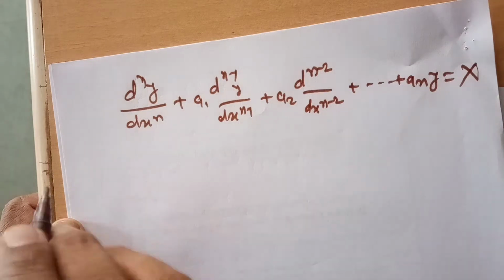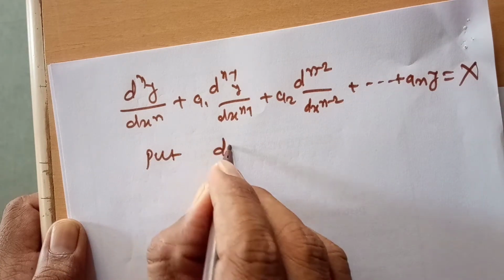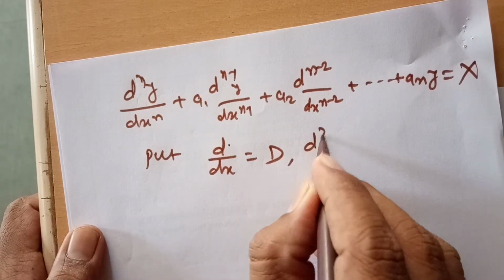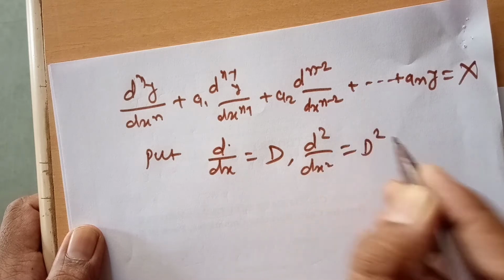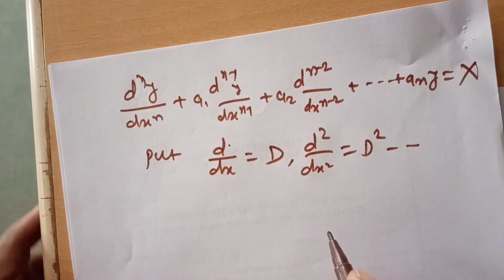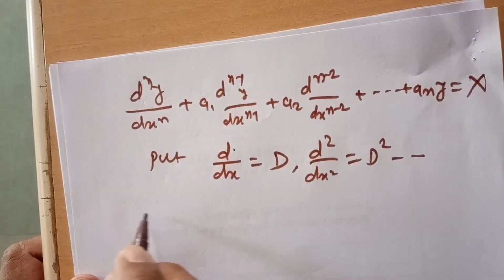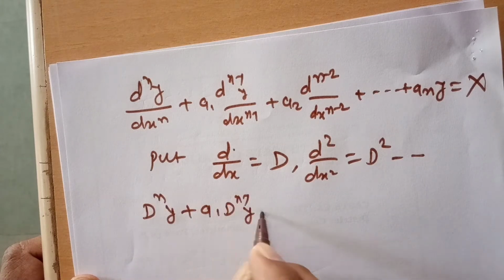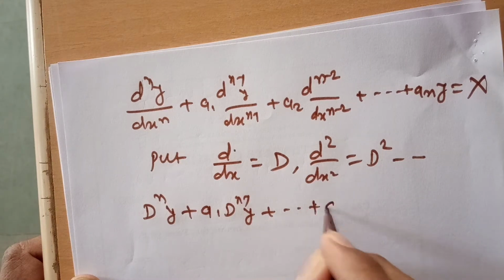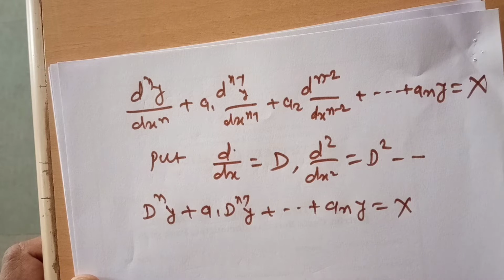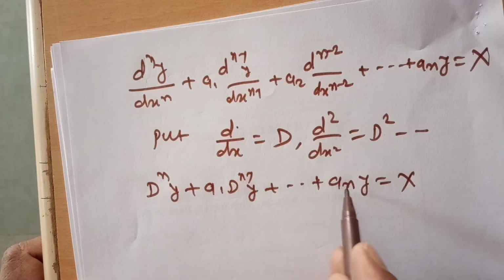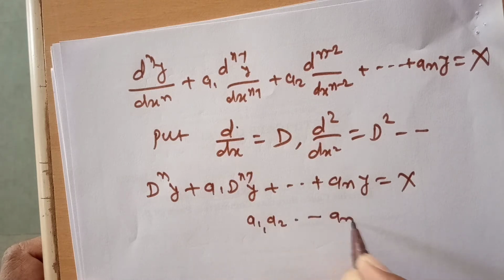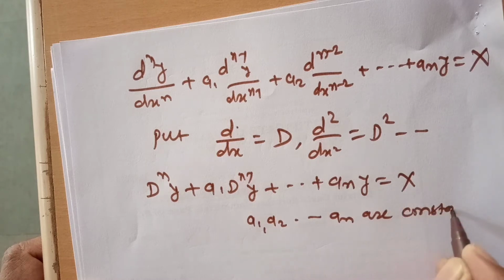Now for our convenience, I'll put d/dx as capital D. Then we can write d^2/dx^2 as D^2, and in this way I am using this to convert the equation in terms of D: D^n y + a1 D^(n-1) y + and so on + an y = X, where a1, a2, a3, and so on up to an are all constants.